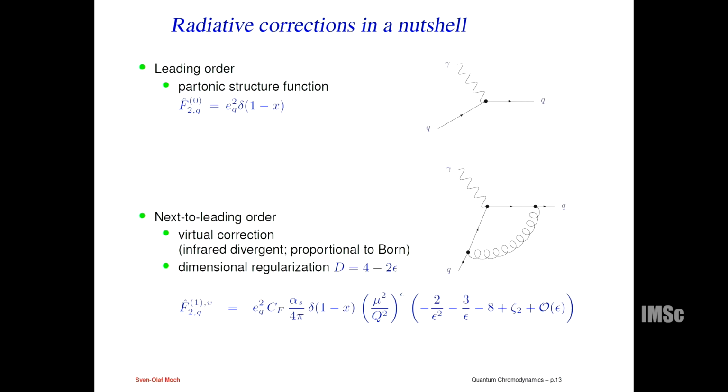And in terms of those scaling variables that we use, the Bjorken x, the result for the squared matrix element, which goes into the partonic structure function, is just the charge of the quark squared times a Dirac delta function in 1 minus x. Meaning that the Bjorken x variable has to be constrained to 1 in order for this Born level process to happen. So then we are done.